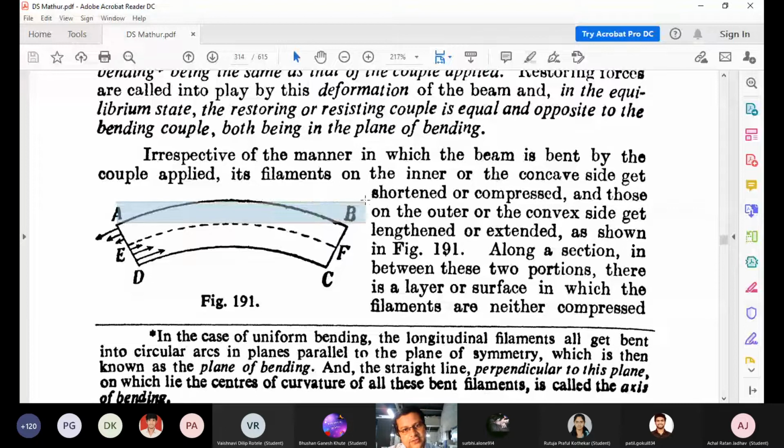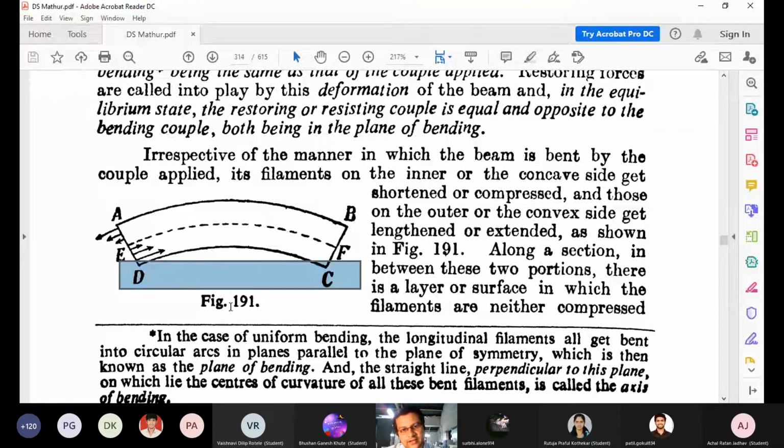Earlier it should have been a streamline, but now it is bent and you have a curvature. When you apply this torque or a couple, some filaments on the inner part, which we call the concave side, get shortened or compressed, while the outer face becomes lengthened or extended.